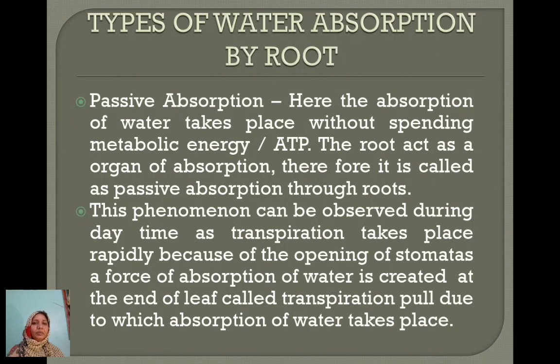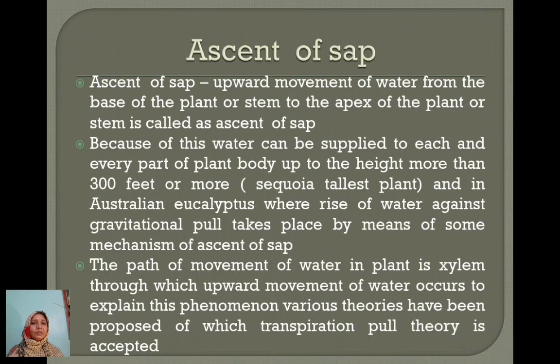This phenomenon can be observed during the daytime because leaf transpiration takes place due to opening of the stomata, and there is development of a force of absorption of water at the end of the leaf. This force is called transpiration pull, and due to this transpiration pull the water absorption takes place. This can be explained by ascent of sap.